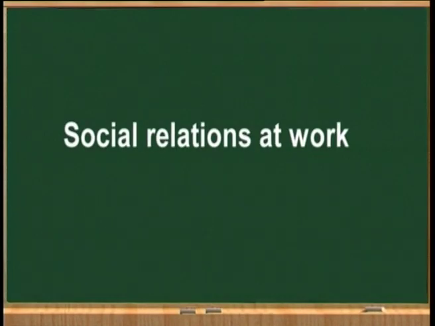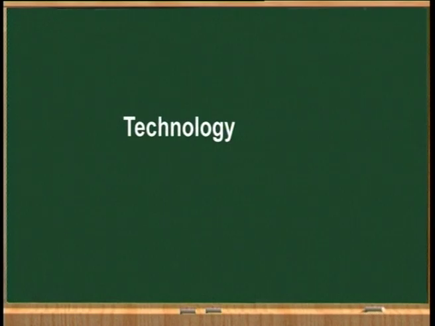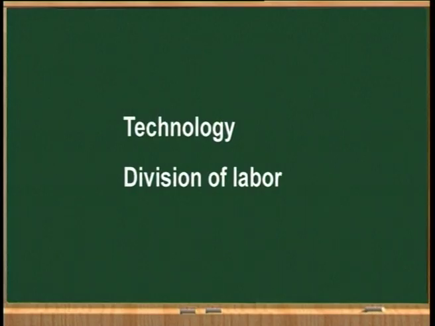Social relations at work. By social relations at work, on the other hand, is meant those social relationships into which men enter by virtue of their association in a cooperative process of production. These social relations at work are apt to be determined most directly by the technology and division of labor of a productive process.